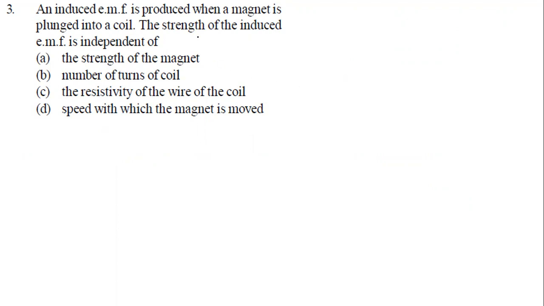The strength of induced EMF is independent of what is being asked. The strength of induced EMF is independent, not dependent. This is from where? This is from Faraday's law.